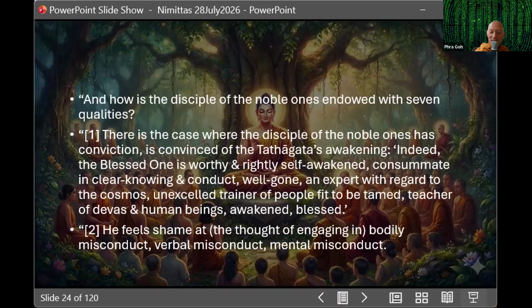Our conscience is kind of a defense mechanism to prevent us from doing wrong things. So there are these 3 kinds of conduct: bodily misconduct, verbal misconduct, and mental misconduct. So the Dhamma practitioner would be more mindful of the mental misconduct.